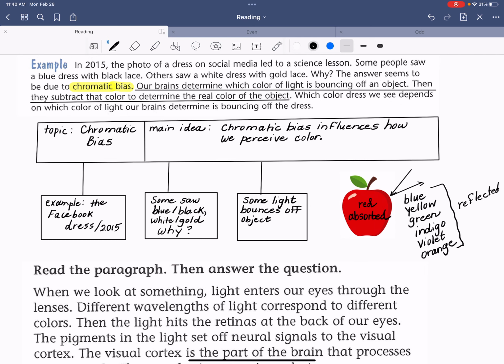That's what they're talking about with subtracting color. So red is absorbed. To my eye, the apple appears red. On this leaf, red is being reflected, but what's being absorbed? Green is being absorbed.